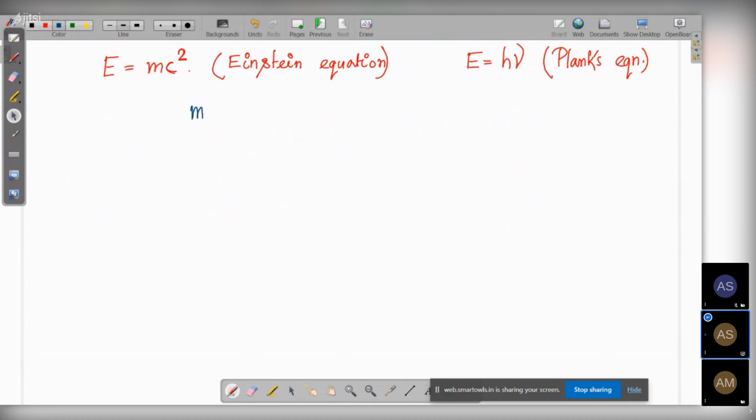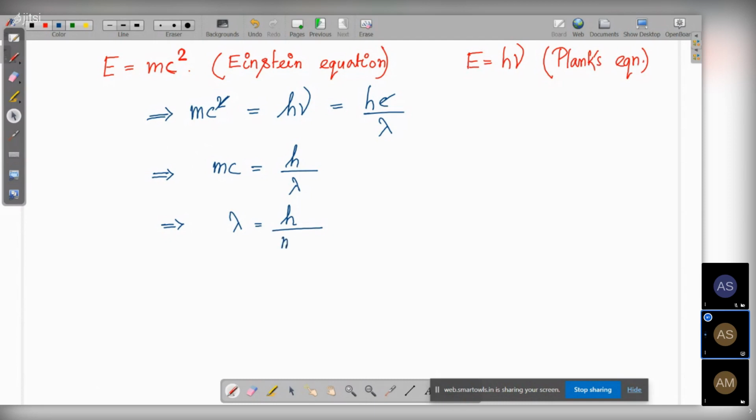So that means mc² = hν, and ν can be written as c by λ. So hν = hc/λ. That means c and c cancel out from both sides; on this side you have only one c. So you get mc = h/λ. Therefore, λ = h/mc.